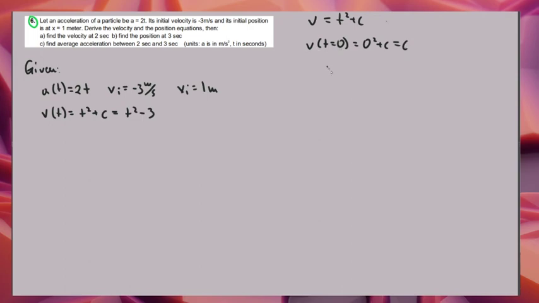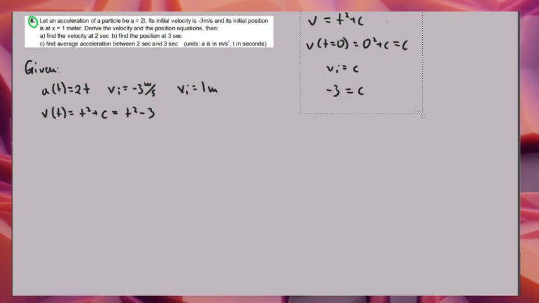But v at t equals 0 is v_i. So v_i is c, and of course v_i is simply -3, so -3 meters per second is c. This is where I get c becoming -3. All right, so there's that.